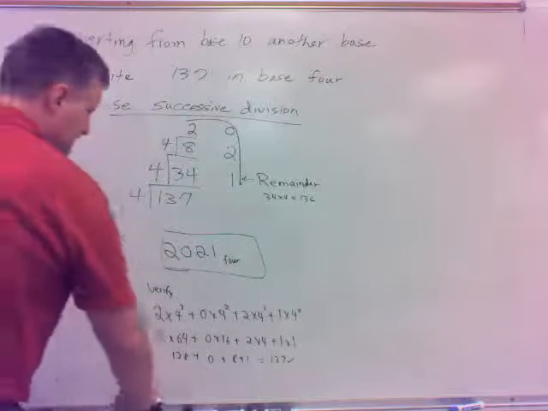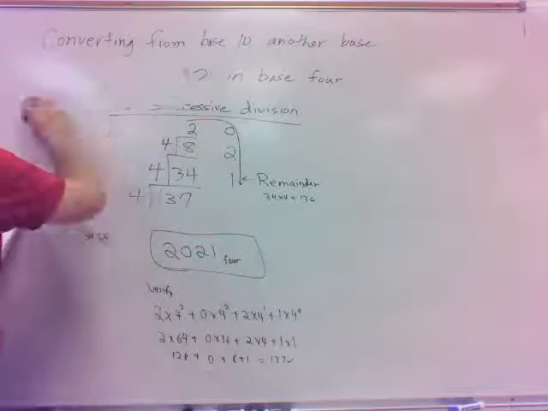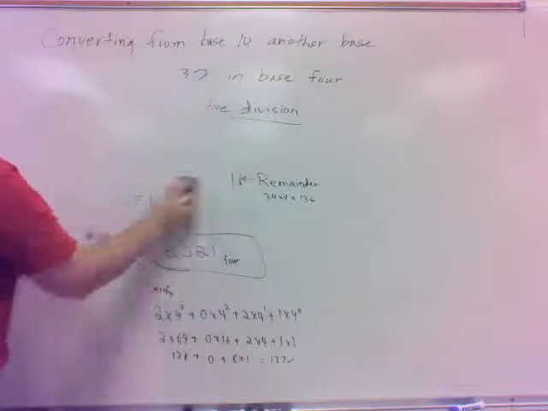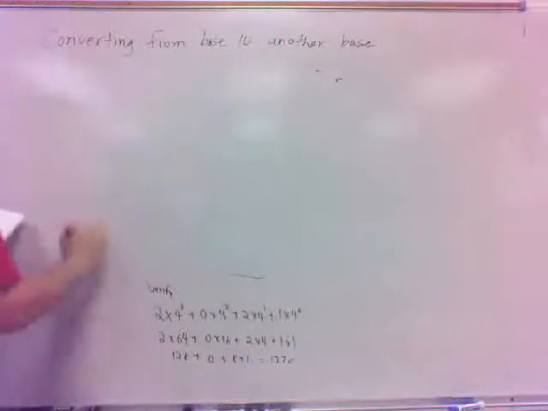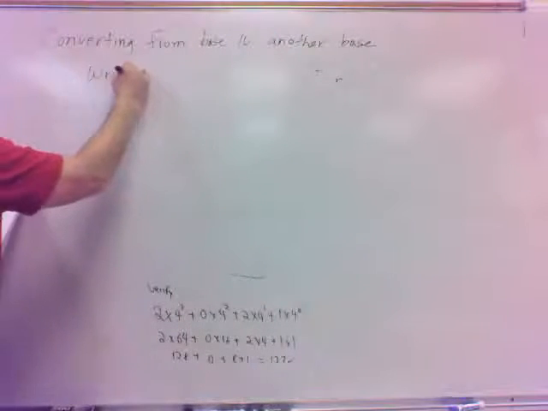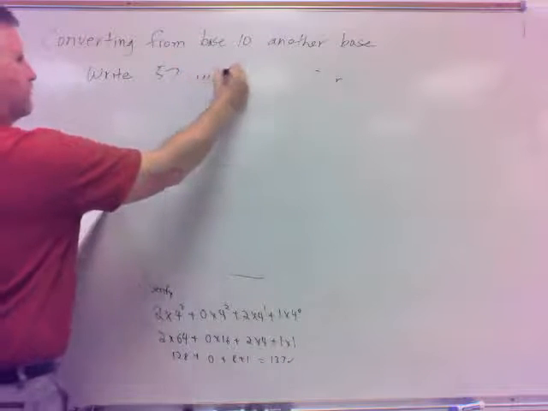Okay. All right, so a couple more. Let's write 57 in binary, or base 2.